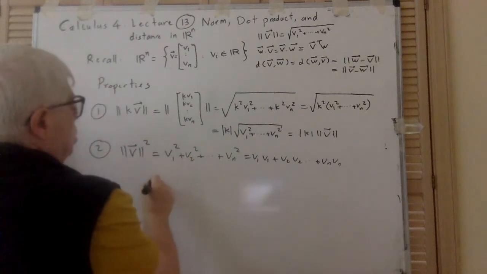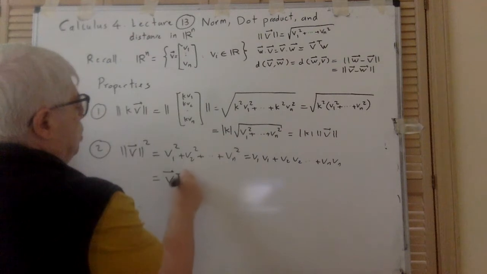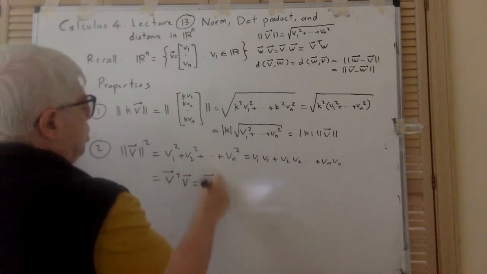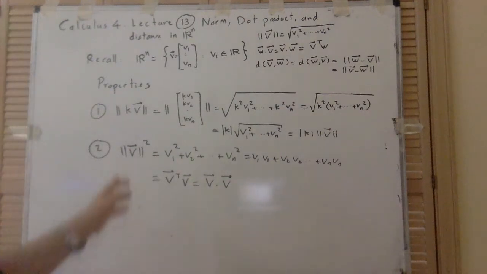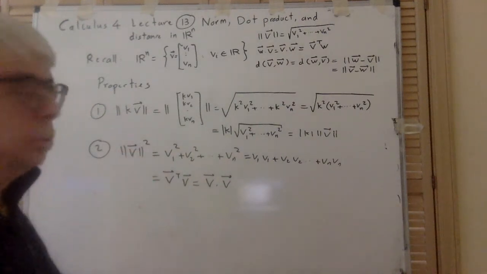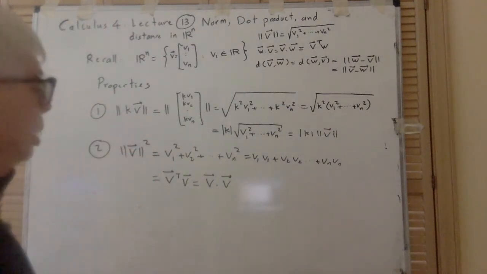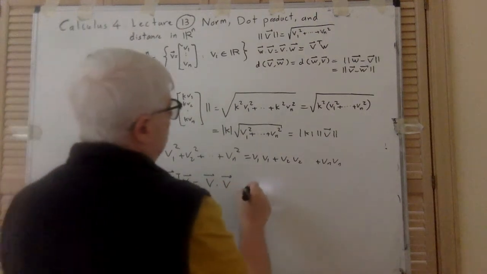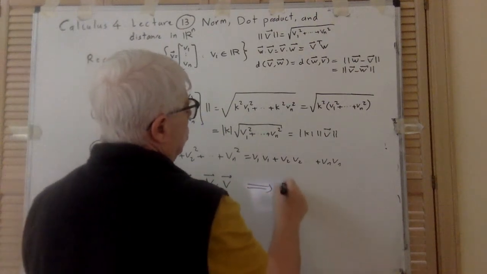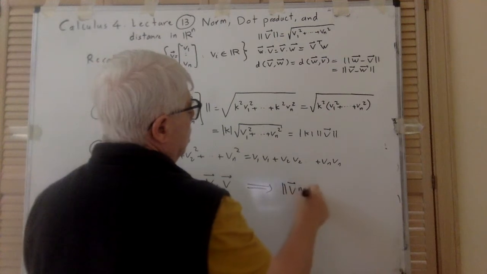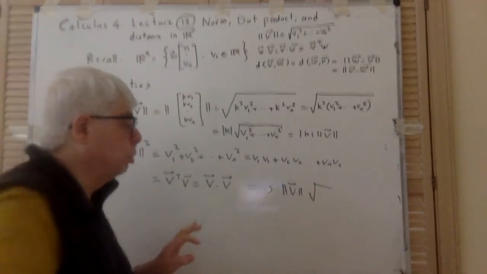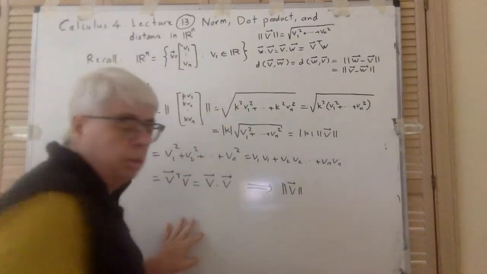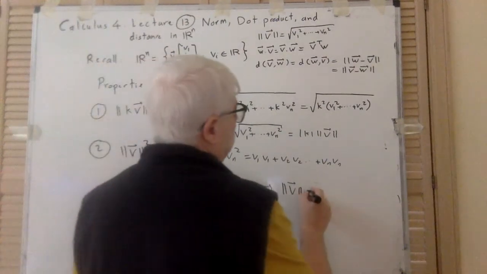So this is in fact v transpose v, which is v dot v. So norm is related to dot product in this way: the norm of v is the square root of v dot v.